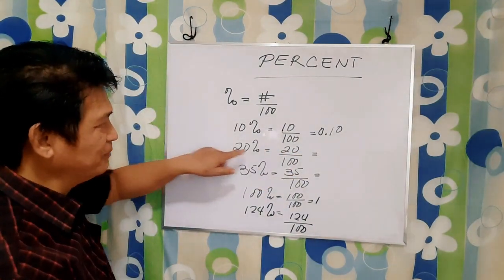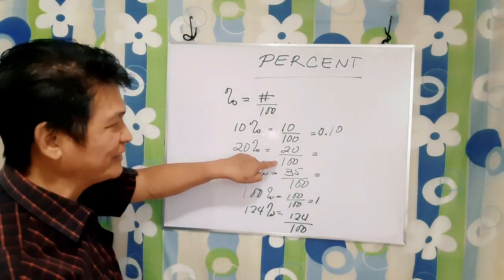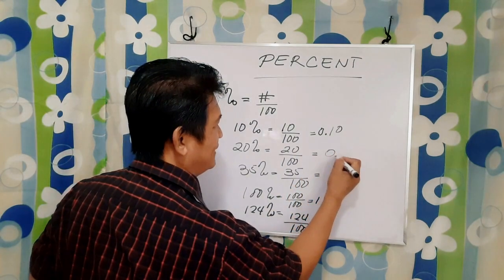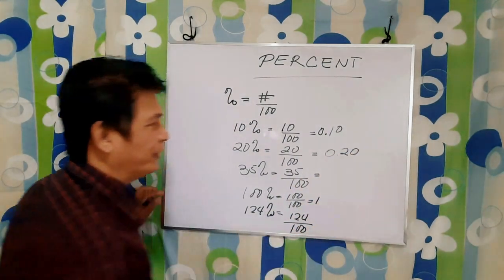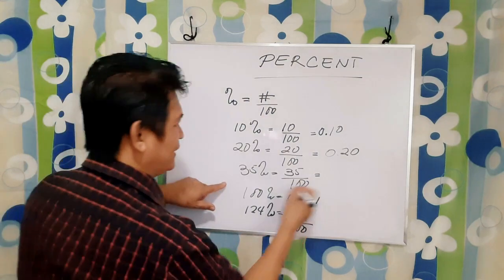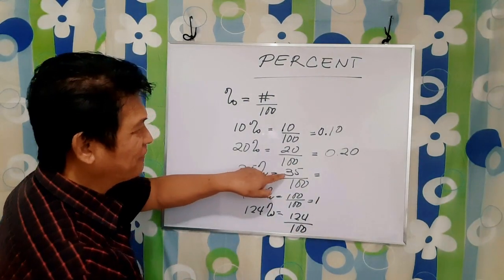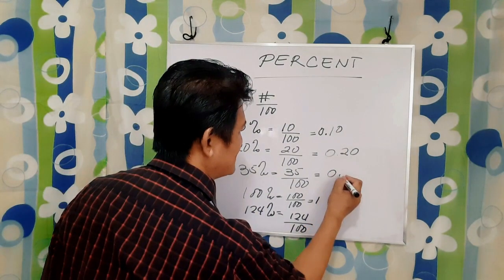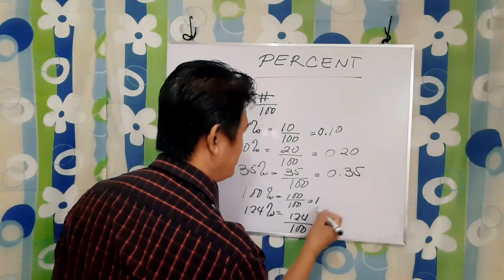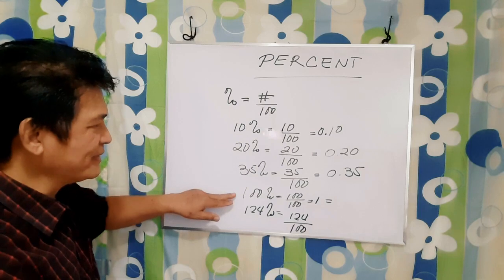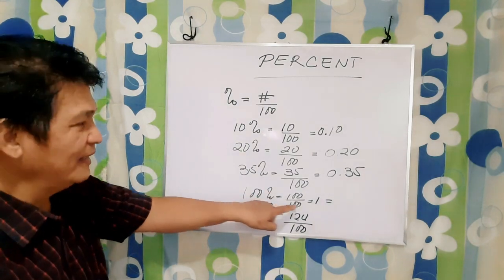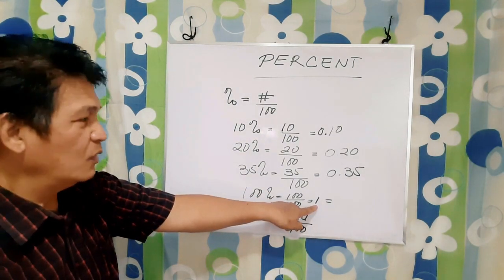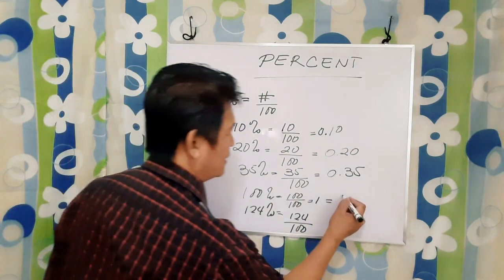Your 20% becomes 20 over 100 in fraction, and in decimal it is 0.20. Your 35% in fraction is 35 over 100, and in decimal that is 0.35. And your 100% is 100 over 100, which is 1 whole, so that is 1.0.